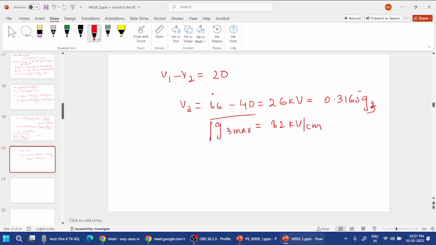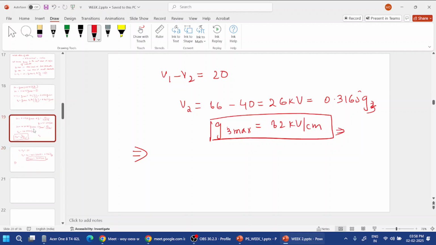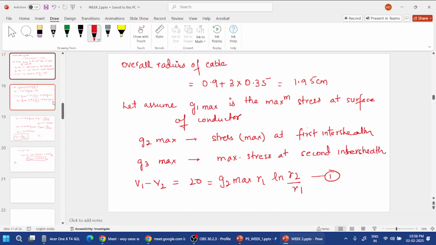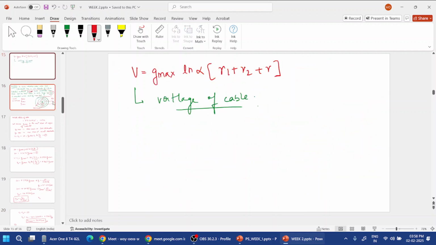When I provide the notes, I will explain this in the notes. For the time being, you just leave this thing here. I hope you get an idea how we are going to calculate the whole thing.